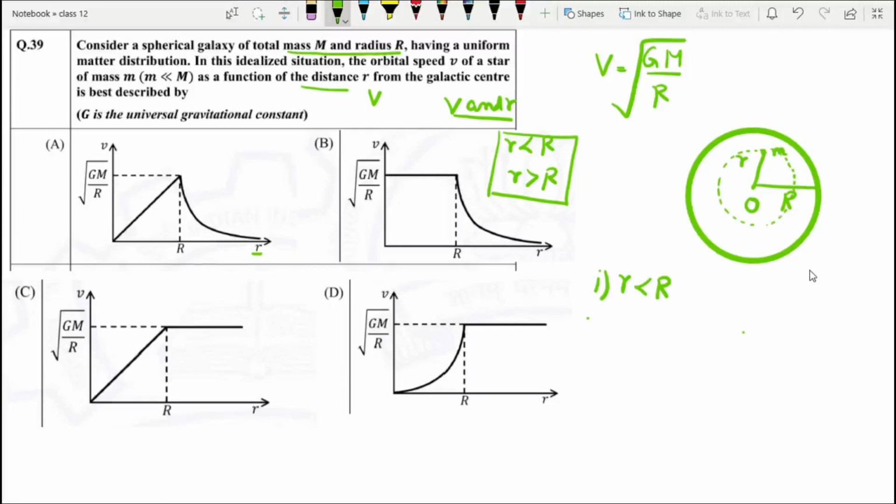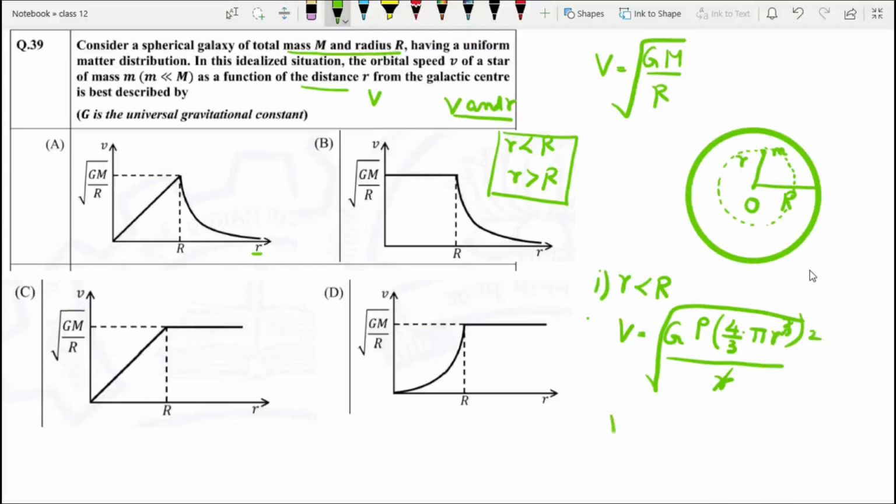gets attract the star. Okay, so velocity is equal to the root of G into M, which will be rho into the volume of the galaxy that is only present inside this region, so 4 by 3 pi r cube, divided by r. This r and this r will get cancelled.